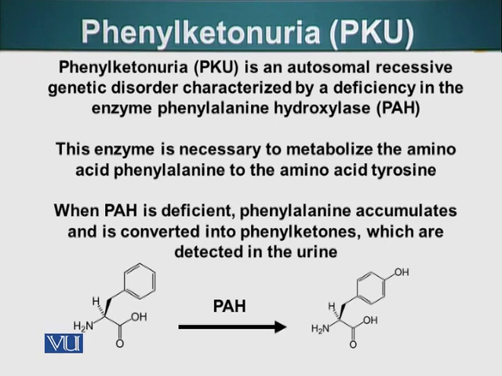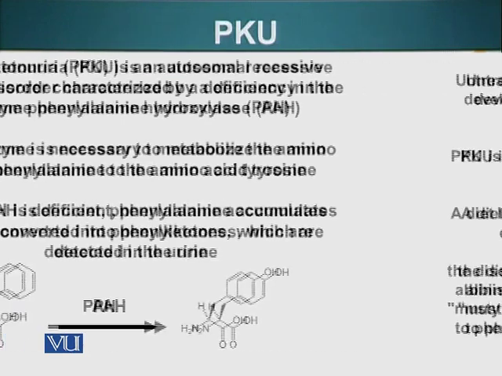These phenylketones are excreted in urine, and babies carrying this particular form of gene, this allele, their urine has a specific peculiar smell, and of course they will be very fair, and this phenylketone can also cause mental retardation.